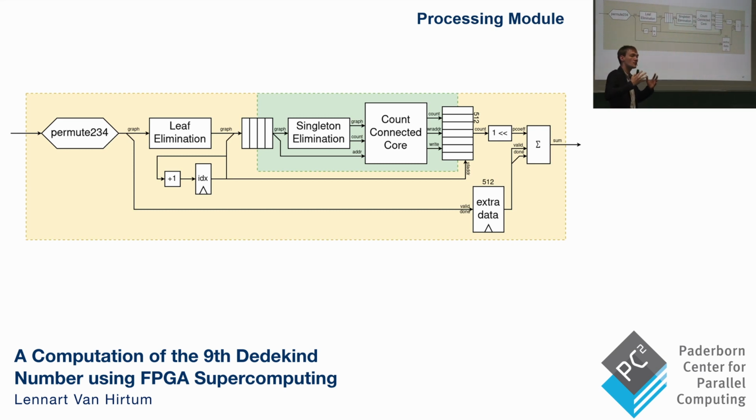We want a really good clock for that. But for everything else, like this leaf elimination or this permutation thing, if one graph takes on average 4 cycles to process through here, then it'll take 4 cycles before this one has to produce 1. So we could actually make the yellow area a much slower clock.